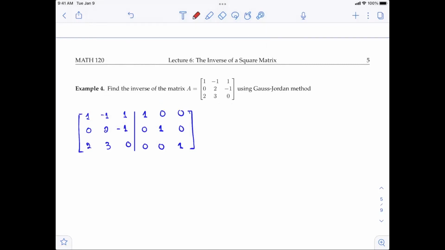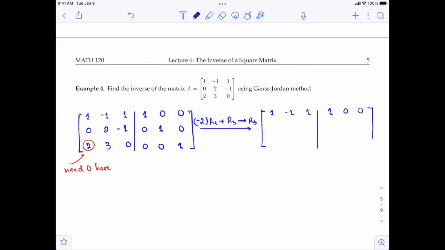Now we need to turn this into a 0, so we need a 0 here. And what we do is take negative 2 times row 1 plus row 3 to create a new row 3. All right, so row 1 and row 2 remain the same. So 1, negative 1, 1, 1, 0, 0.